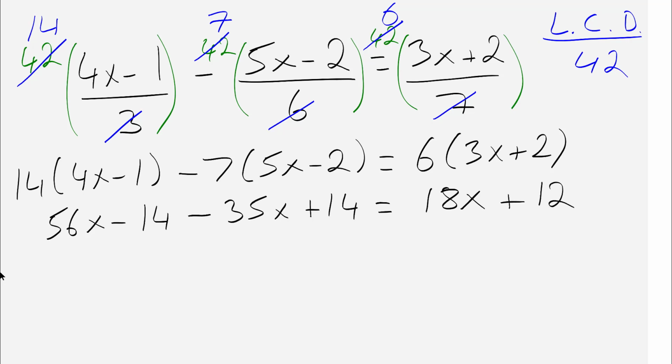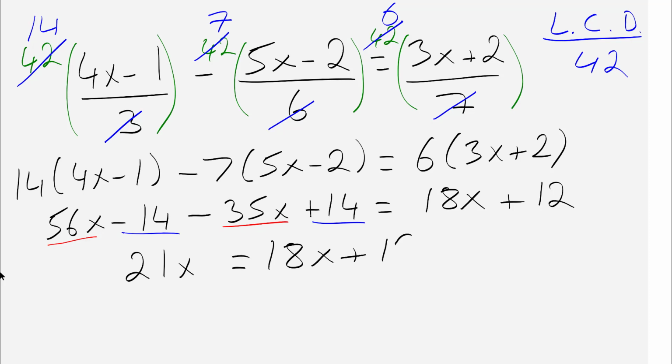Let's tidy this up a little bit more. My 56x take away my 35x is 21x, and my minus 14 plus 14 tidies up to 0, equals 18x plus 12. So subtracting my 18x, I get 21x take 18x is equal to 12.